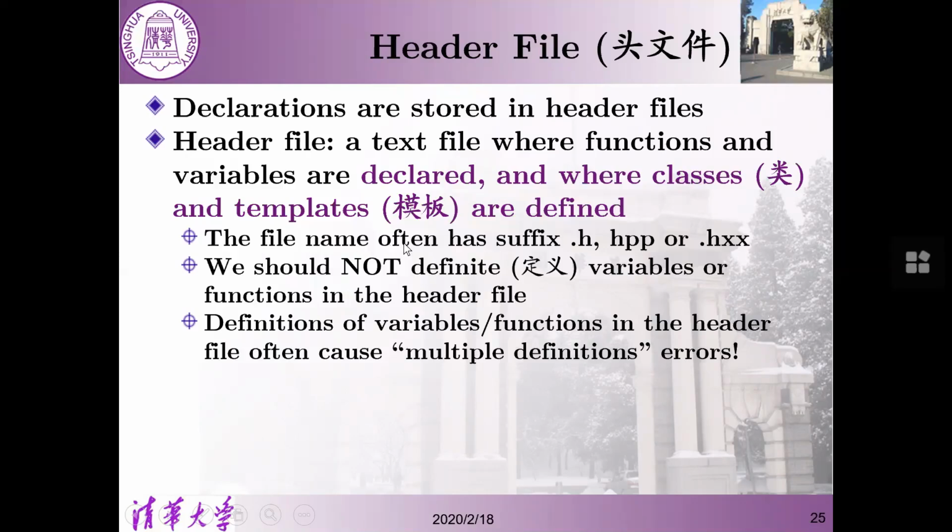And the file name often has some suffix like this, .h, .hpp, or .hxx. And we should not define variables or functions in the header file. We just declare variables and functions in the header file. Okay? Because definition of variables and functions in the header file often causes multiple definitions error.